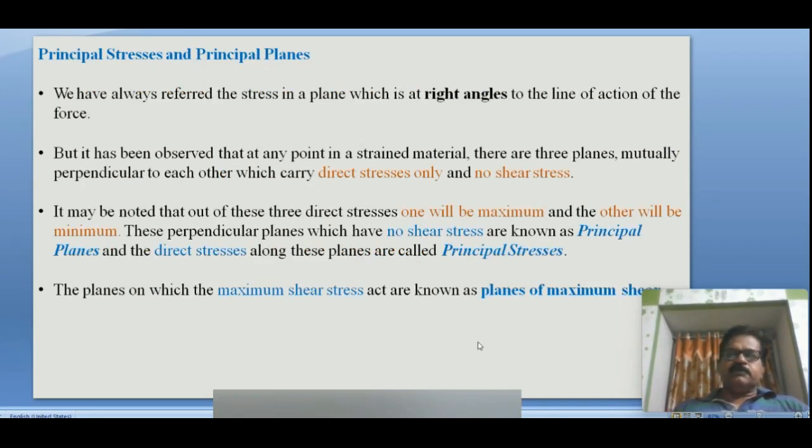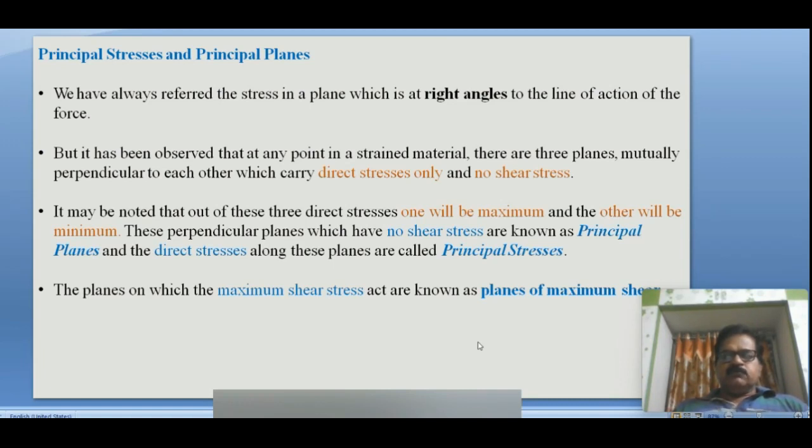Principal stresses and planes. When the member is subjected to more than one axial directional stresses along with the shear or without shear, the failure value of stress will not be any one of these stresses, and it would be much higher than the applied value of stresses.